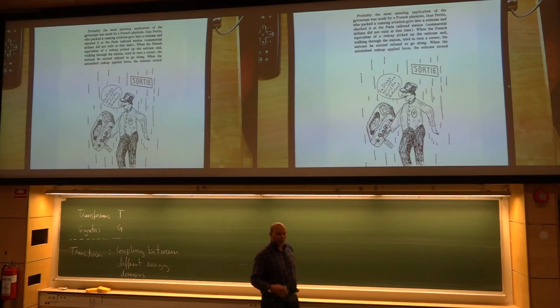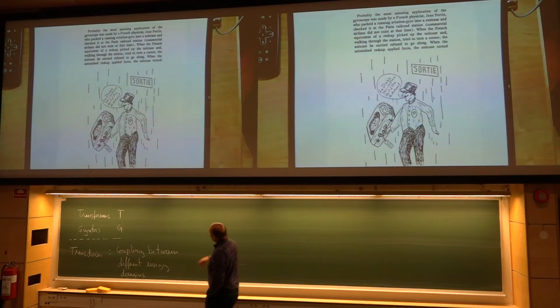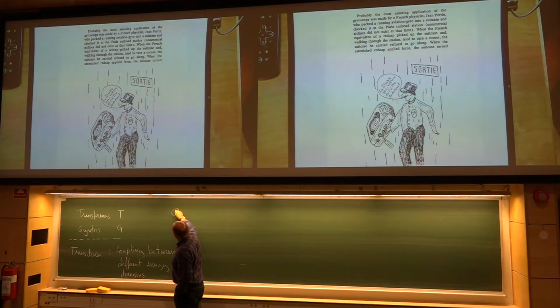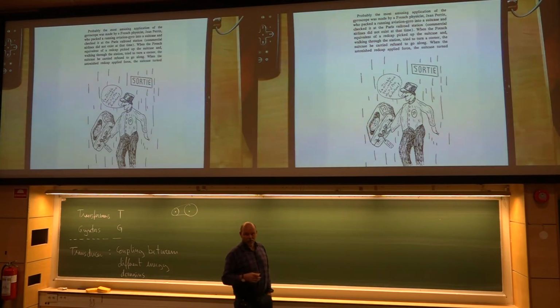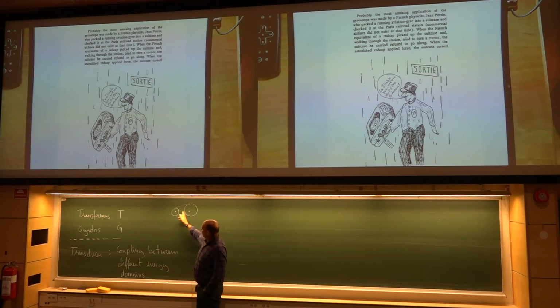The first example was a gear. You had one wheel here, and then another wheel here, and then a chain around them. That is not a transducer. You go from one rotating system to another rotating system. It's a transformer, yes, but not a transducer.